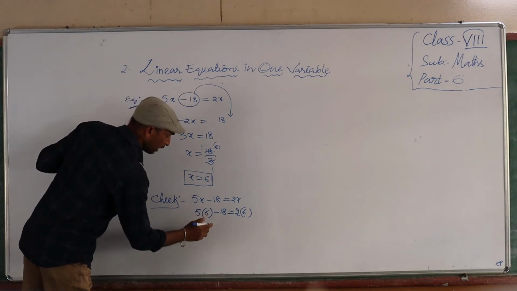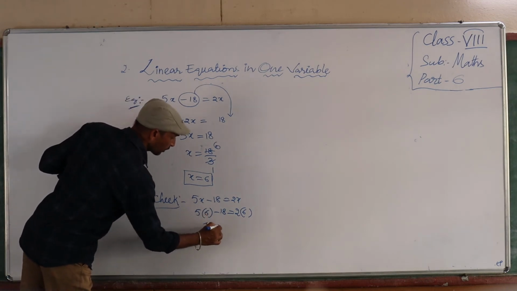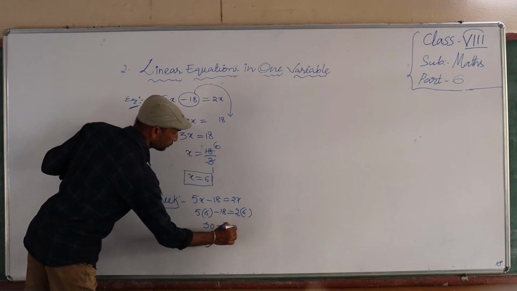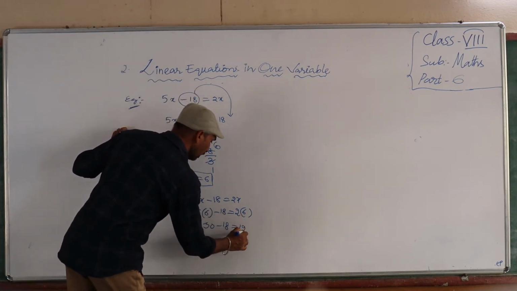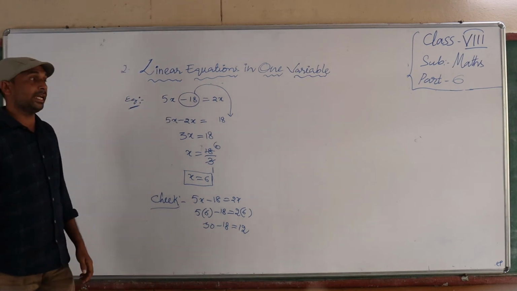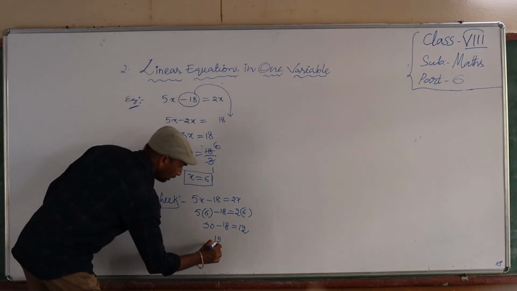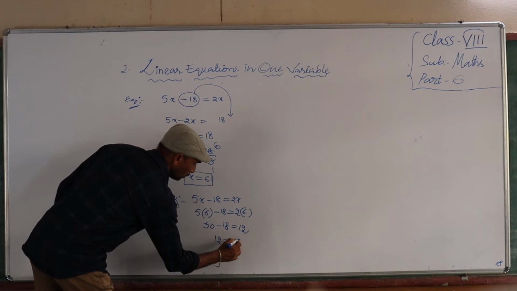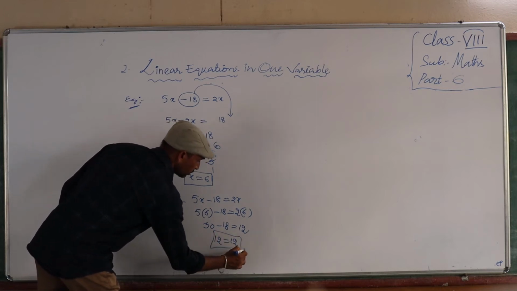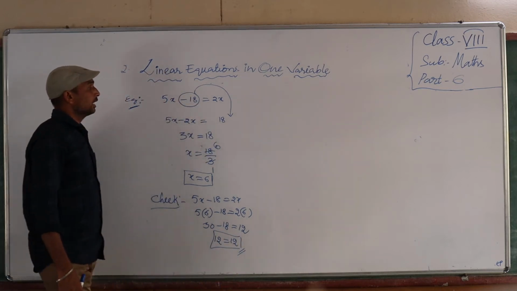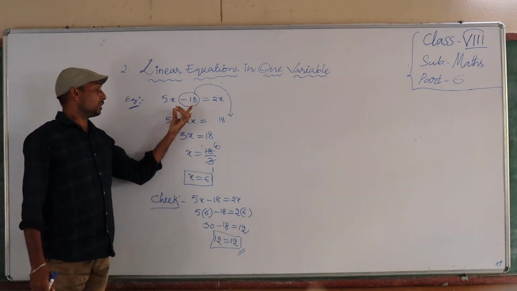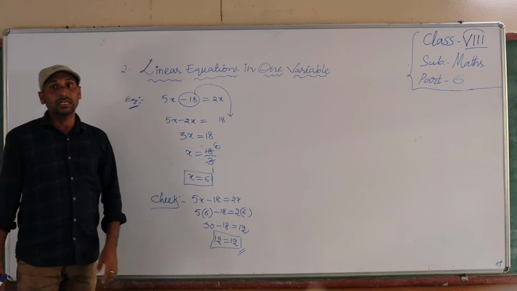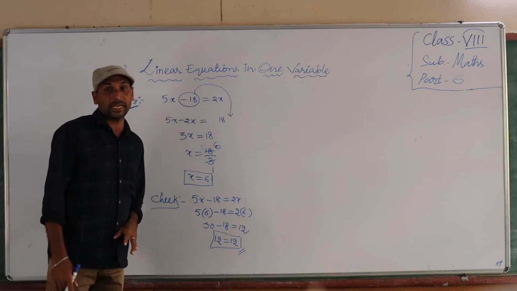Then 5 sixes are 30 minus 18. 2 sixes are 12. So 30 minus 18 is 12. So 12 is equal to 12. So this is the process to solve the equations which are having variables on both sides.